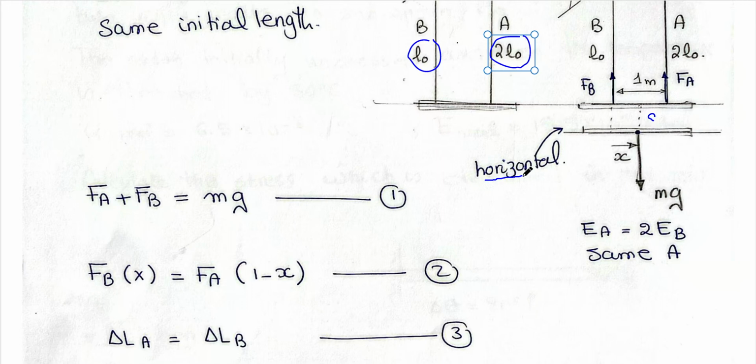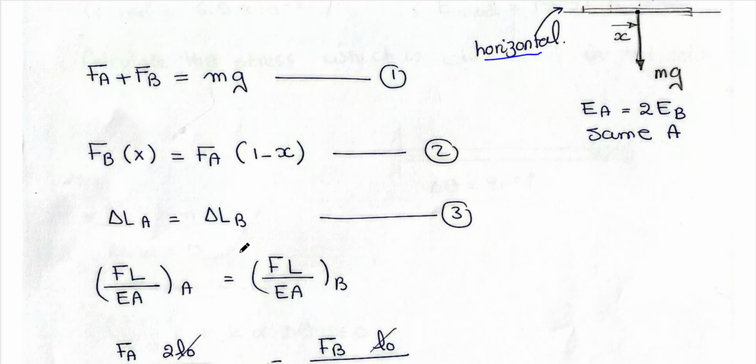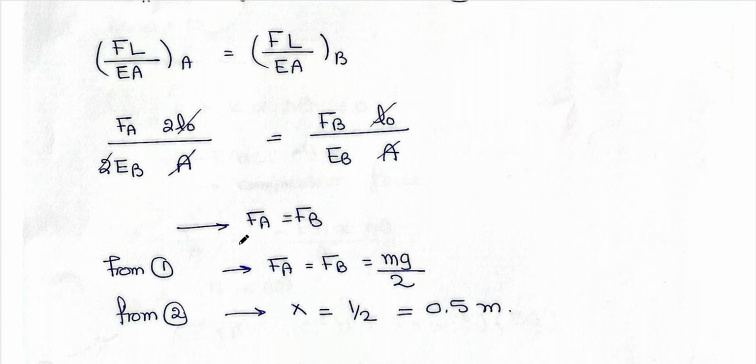And the same horizontal, that's why delta L of A equals delta L of B. You can solve the same steps and try to find the values of FA, FB, and the value of x, which is half a meter. It's very easy to do yourself.